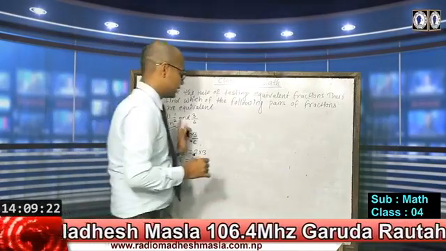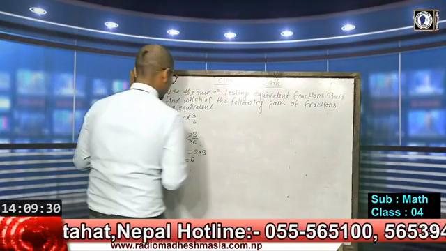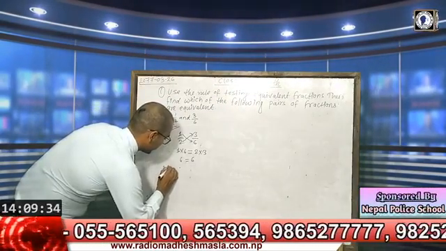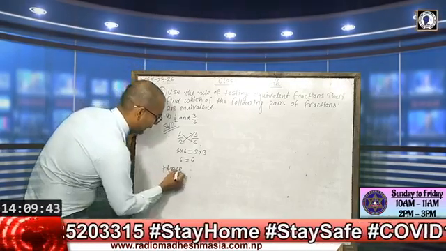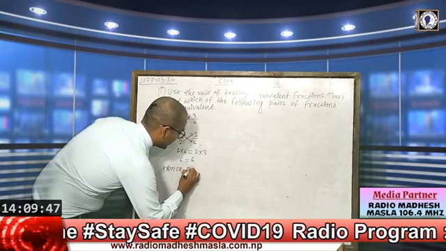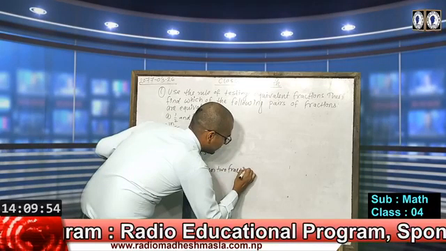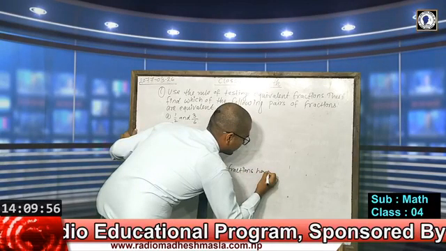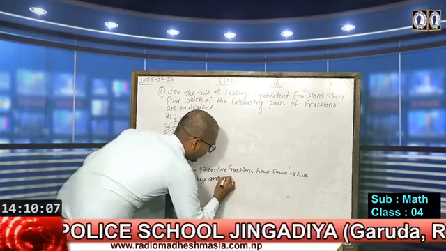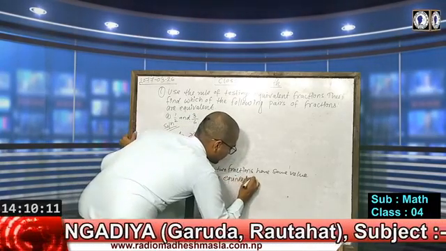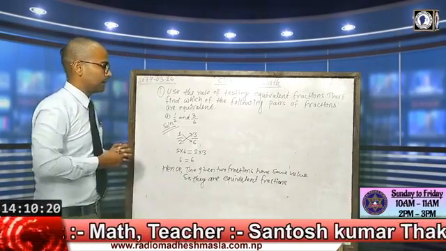The two given fractions have the same value, so in this condition we can say they are equivalent fractions. We should write a conclusion in every question after solving it. So here: hence the given two fractions have the same value, so they are equivalent fractions.